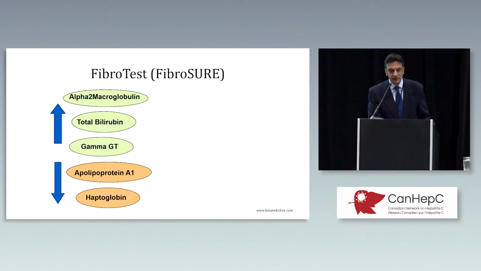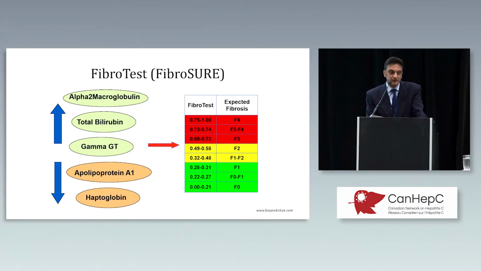So around 2001, folks in France developed the Fibro test based on a number of simple markers, basically, and came up with a Fibro test and FibroSure, which was then available in the US in 2005 through LabCorp. And again, their idea was to have a continuous index, a regression index, basically, which gave you a score from 0 to 1.0 and put you into a risk prediction fibrosis category.